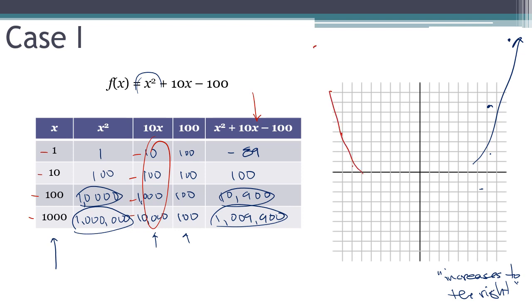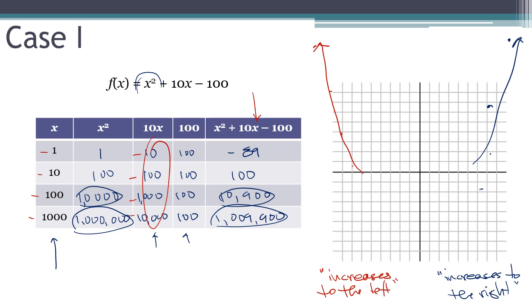The y values stay positive and get large. So I would use the same language here. I would say that the graph also increases to the left. We say increases. Sometimes we'll say rises. Rises is another word that's commonly used, so you'll see both of those. All right. So this is my first case.